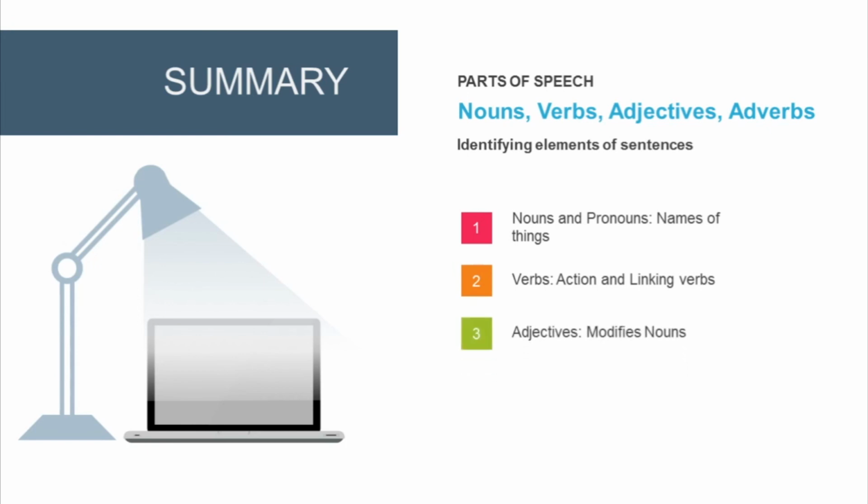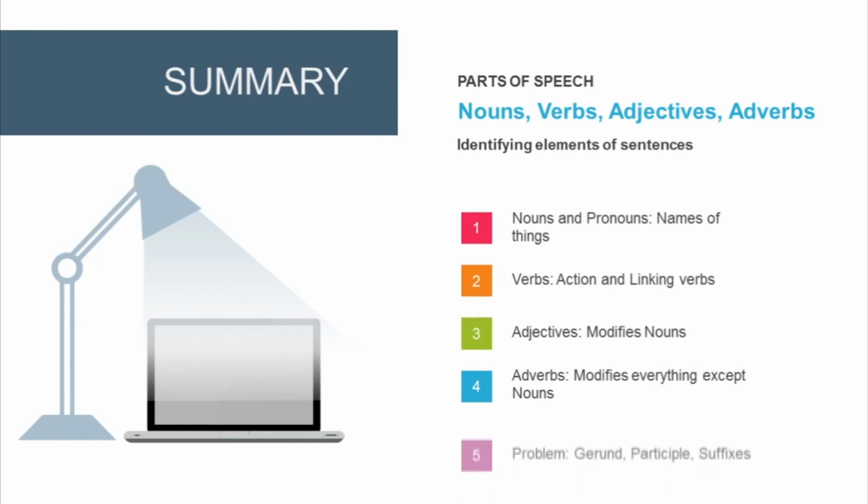Adjectives modify the nouns, meaning adding more information to the noun, while adverbs modify everything except nouns. The problem spots that we have talked about are gerunds, which are verb-ings that can act as nouns, participles, which are the verb-ing and verb 3 forms of verbs that can act as adjectives, and also suffixes that you can use most of the time to predict the part of speech of a word.